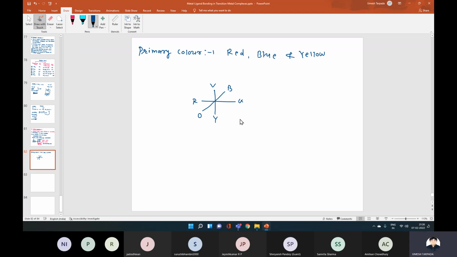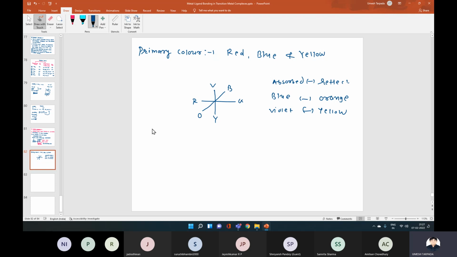Now see, if you have combinations, if your material absorbs blue color, then it reflects orange, so it looks orange. In this way, if it absorbs violet, then the material looks yellow. So in this way you can predict the color.